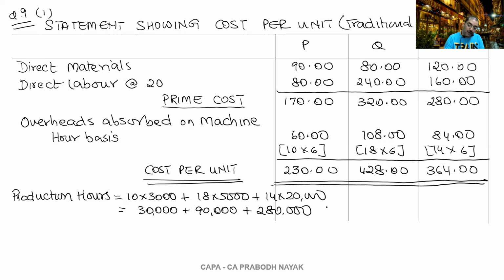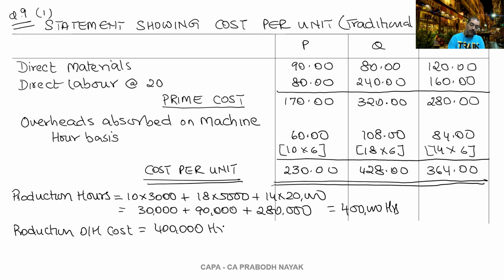That totals up to 4 lakh hours. Production overhead cost is equal to 4 lakh hours into 6 rupees. So the total is 24 lakhs.